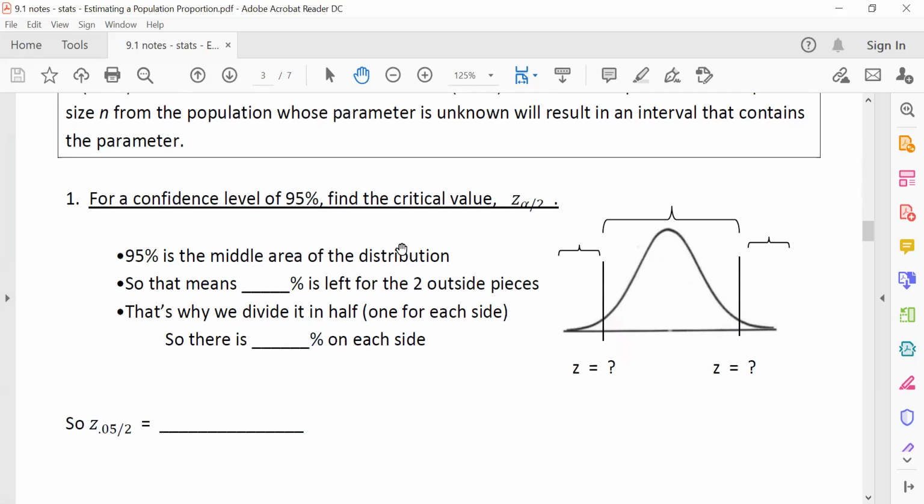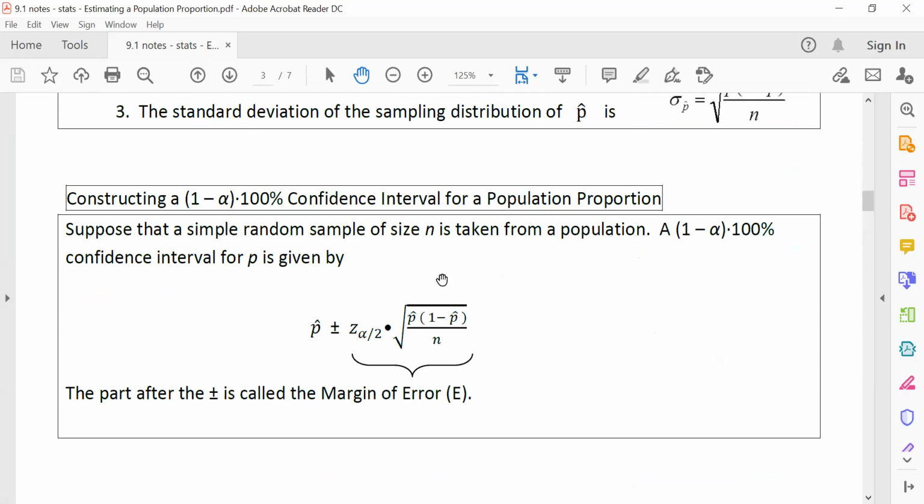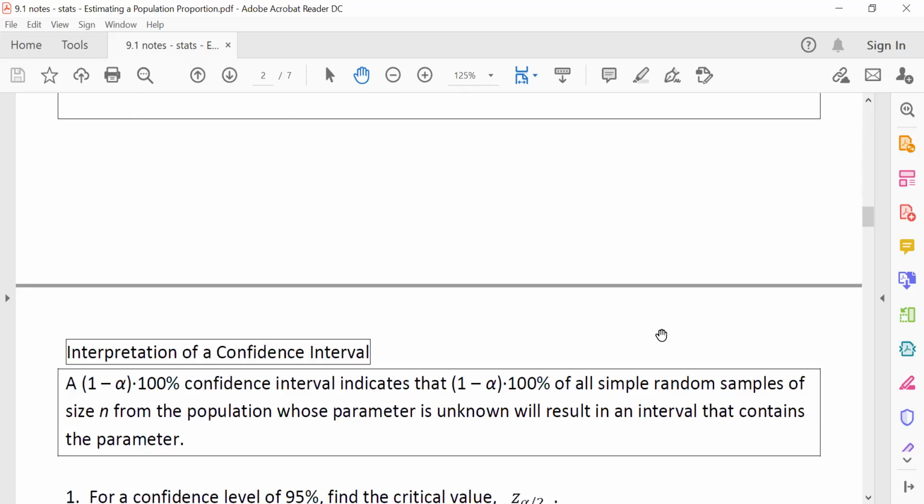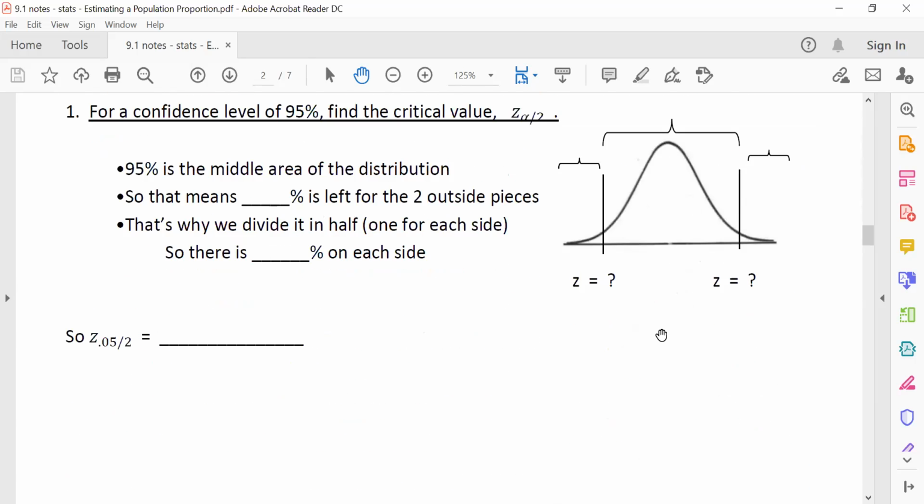But what's really the crux of this, I mean, all this is just a calculation. The z-score that we need is the crux, or the hardest part, when it comes to calculating a confidence interval. And it's actually not as hard as you think.